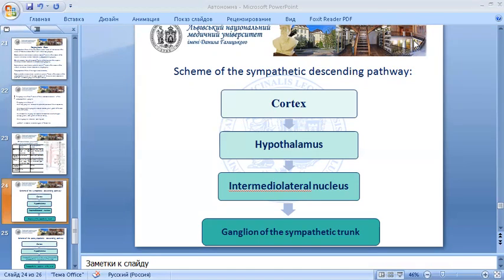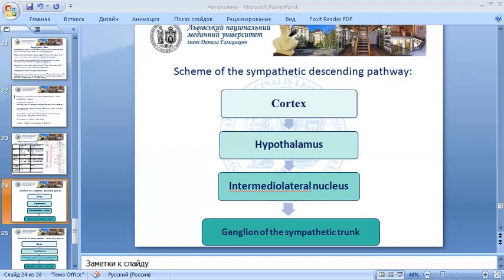What about the ascending pathway of the interoceptive analyzer, which uses the structure of the afferent pathway of the somatic analyzer? The first neuron is located, like we discussed, in the sensory ganglion of the nerve which gives sensory innervation to the organ. Its dendrite terminates with a receptor in the wall of the organ, and its axon passes into the central nervous system.